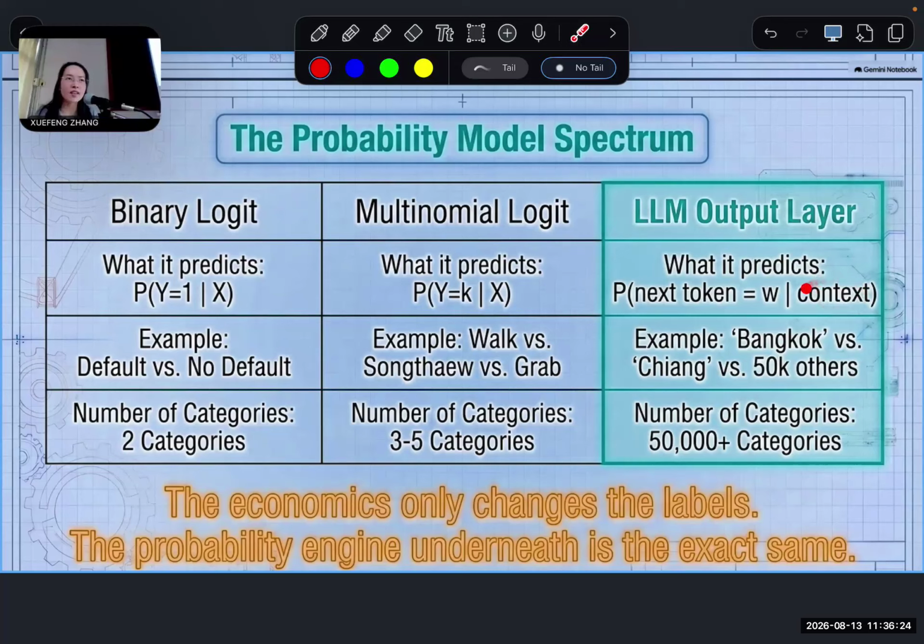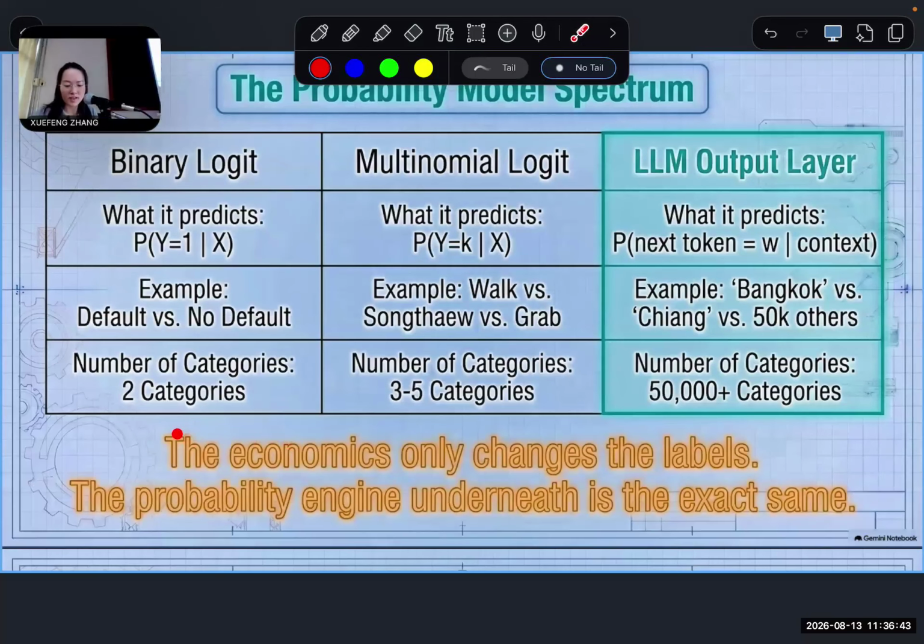For example, Bangkok versus Chiang versus 50K others. So in an LLM, the number of categories is 50,000 or more. So basically, economics only changes the labels. The probability engine underneath is exactly the same.